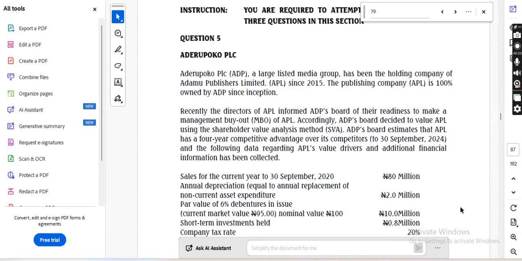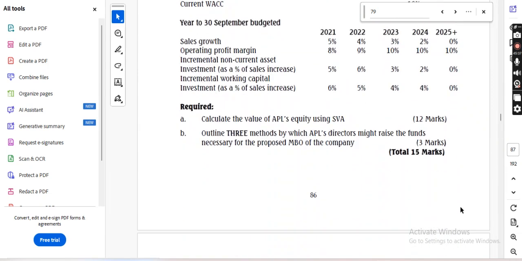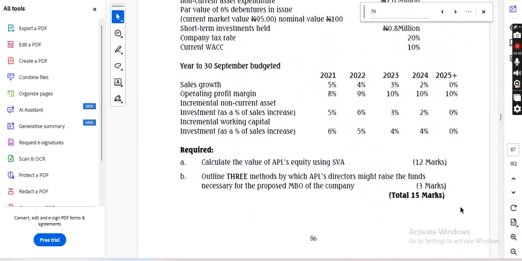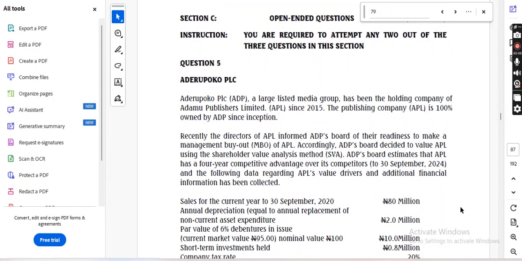Management. That is why the question now says in the B part that, okay, outline three methods by which APL director may raise the funds necessary for the proposed MBO of the company. Now, if they want to sell this APL, they will sell it to the management of APL, right?